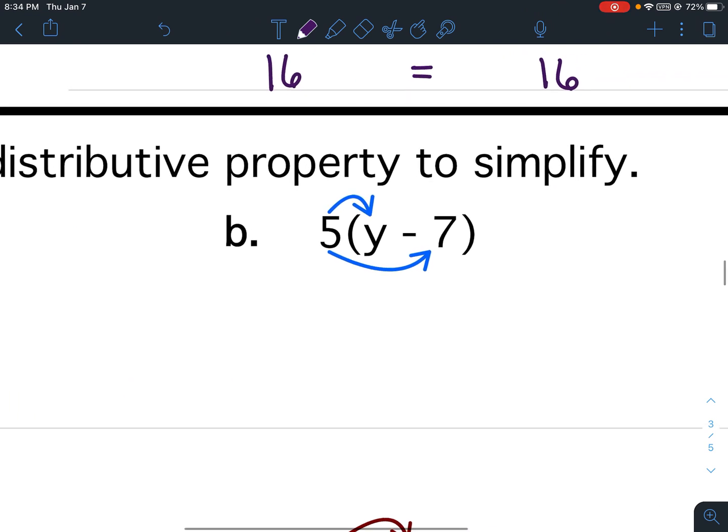For b, 5 times y is 5y. 5 times, now you need to be careful, this is a negative 7. You're multiplying 5 times negative 7. 5 times negative 7 would be negative 35. And again, when you're doing these on your own, you should be using a calculator, just to be on the safe side.